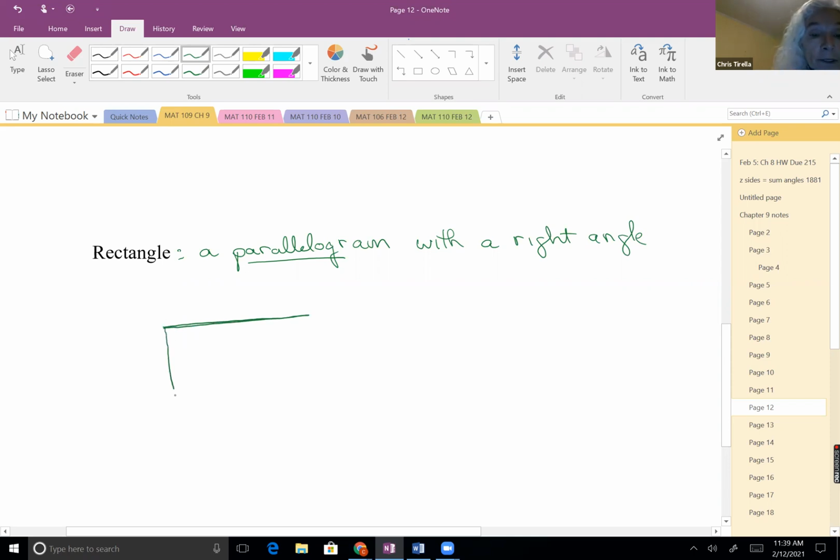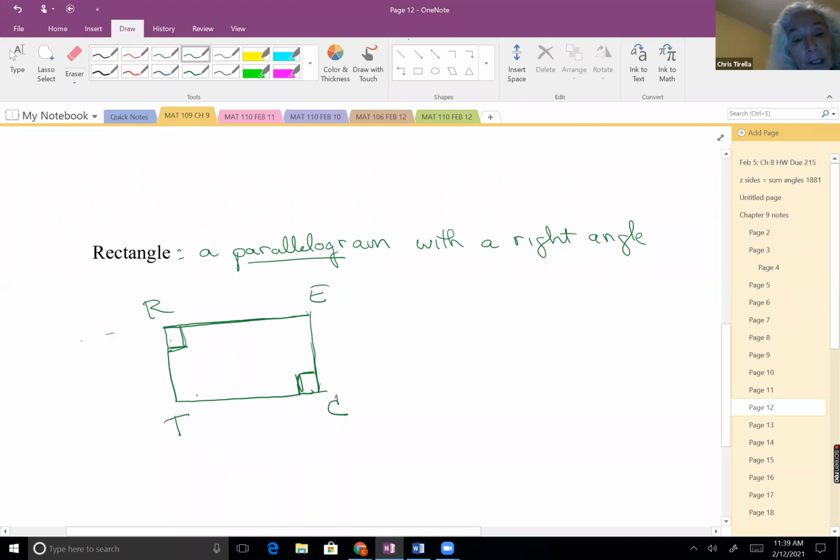So I'm going to draw one side, then I'm going to draw in my right angle. Now these opposite sides have to be parallel. These opposite sides have to be parallel. Well, if this is a right angle, let's name this guy RECT. This is a right angle, then this is a right angle.